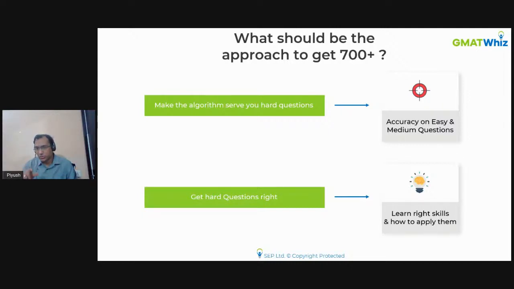So Vijay has a question: are the first 10 questions more important than others? Should I spend more time on them? So Abhijay, I would not say yay or nay. It is definitely very, very important. If you don't do well on them, you won't get hard questions. So yes, they are very important. Are they the most important? Probably yes, because if you don't get hard questions, you cannot get them right.